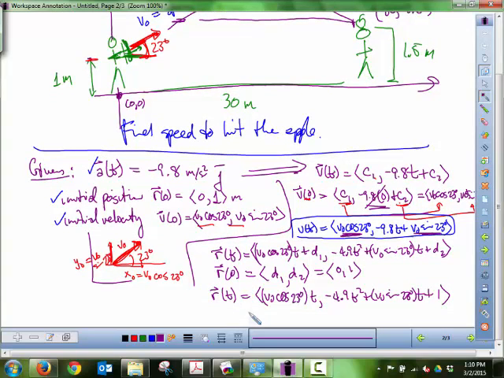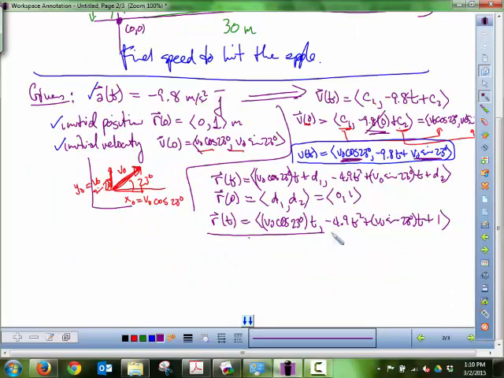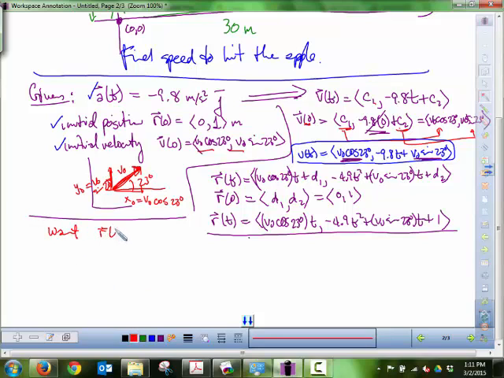Given your position vector, we want r of t to equal 30, comma, 1.5. If we set that equal, we'll see that we end up with two equations. I'm just going to let the x component of r, v naught cosine 23 degrees times t, equal 30.